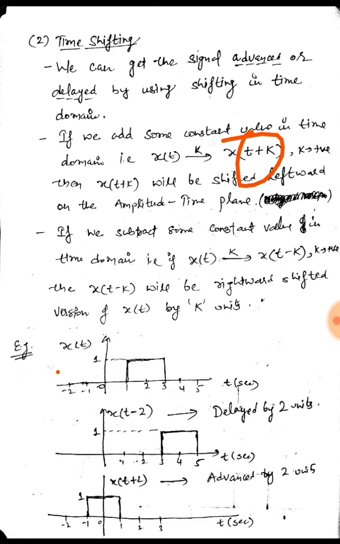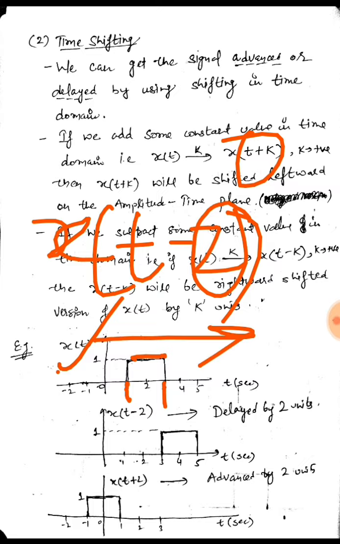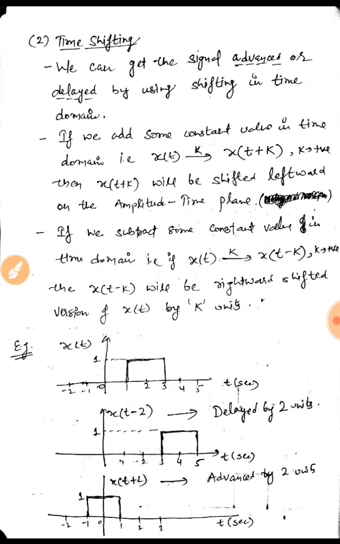Okay, so let's see the example. If we have x(t) equal to a rectangular pulse from 1 to 3 with an amplitude of 1, and I need to draw x(t minus 2): as I have told you, if I subtract some positive value, then the function will shift rightward, that is, it will be delayed. So our x(t) would shift 2 units.